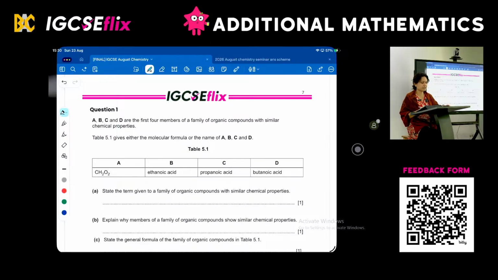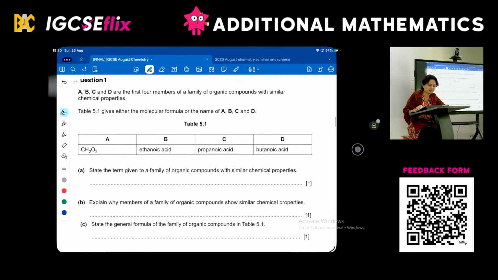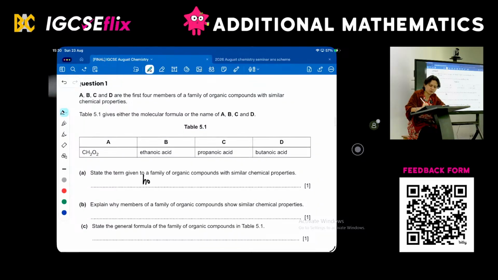Okay, ready? Listen up. State the name given to a family of organic compounds with similar chemical properties. If you don't know how to write homologous series, we all sit down and cry, okay? You all got it correct? Explain why members of the organic compound show similar chemical properties.